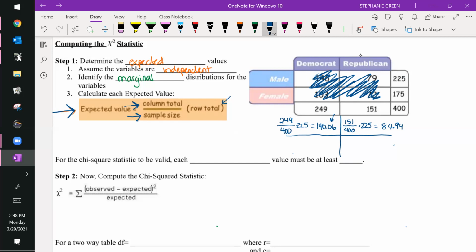So now Democrat females. The column total is 249, the sample size is 400 again, and the row total is 175. So we do 249 over 400, and this time we're multiplying by 175, which gives me 108.94. Okay, and one last cell.